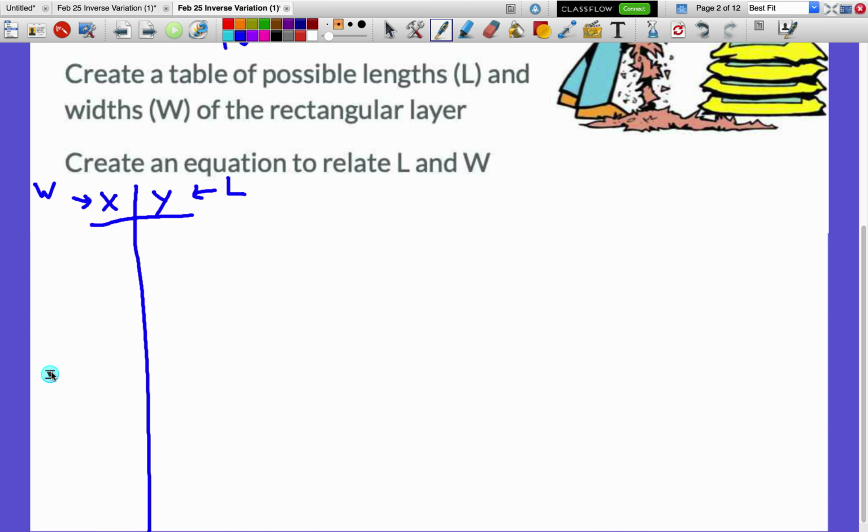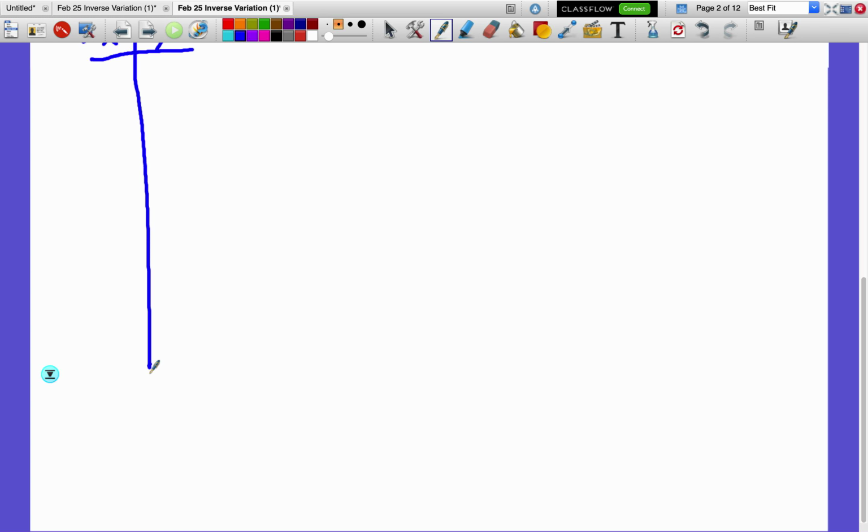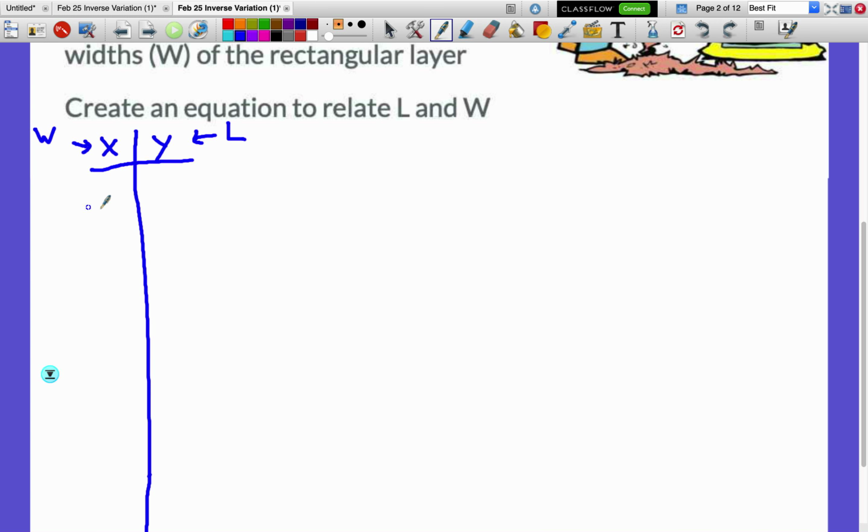We can't make either of those equal to 0 because then the other side would become infinitely long. But we can do a really skinny 1 foot wide rectangle as long as we make the other dimension 160 feet long. So 1 times 160 is still 160 square feet. We could maybe go a little bit wider, 2 feet wide, and now we can only go 80 feet long. If we come down to 4 times 40, that is still 160.